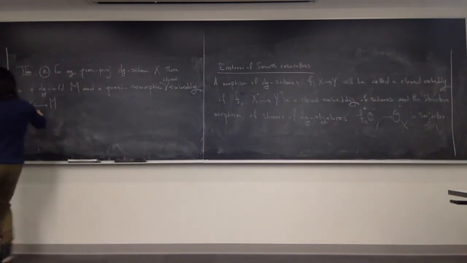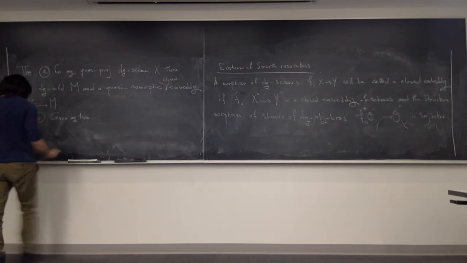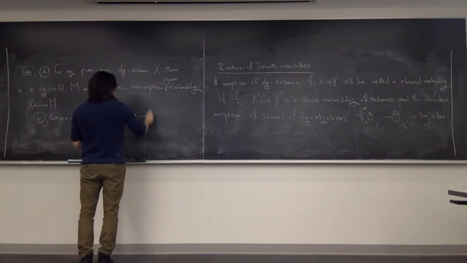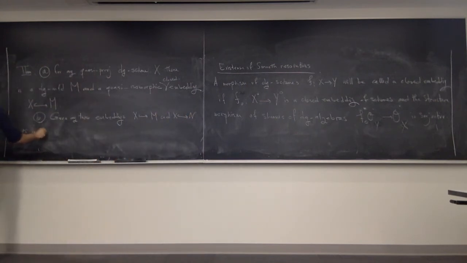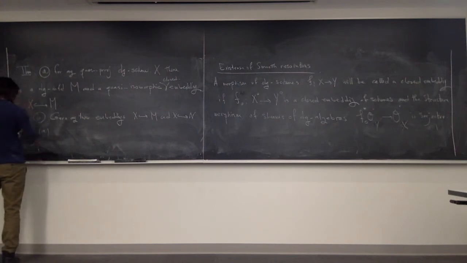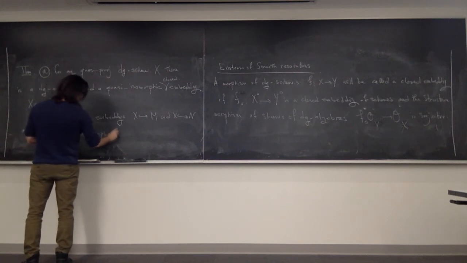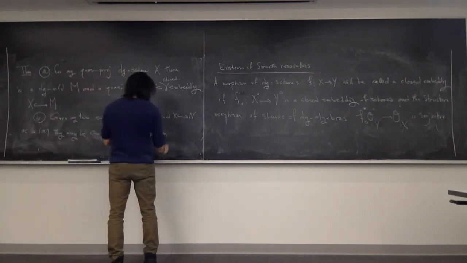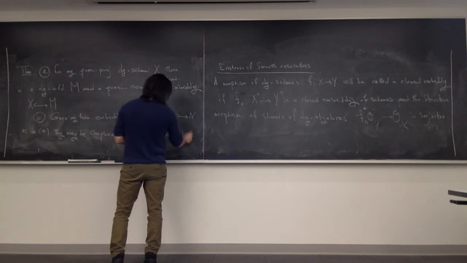Part B of the theorem is that, given any two embeddings, let's say X goes to M and X also goes to N, as in A, they may be complemented by quasi-isomorphic closed embeddings.